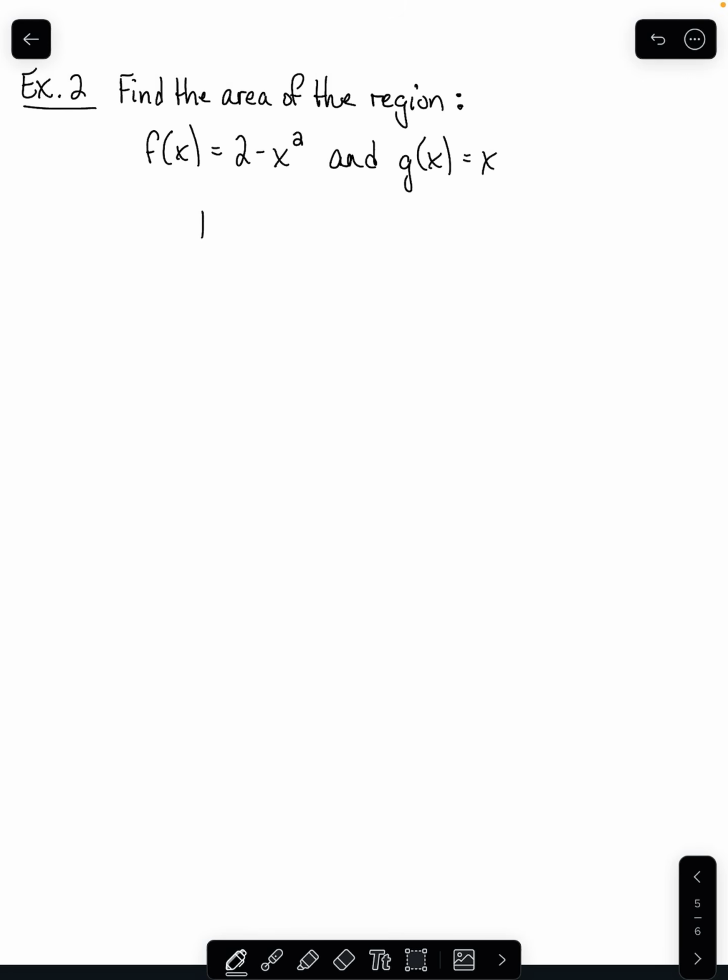Once again, we almost have to sketch the region here. We can, of course, use a graphing calculator to look at the region more quickly, perhaps. But we do still need to look at this to know which function is higher up and which function is lower down.